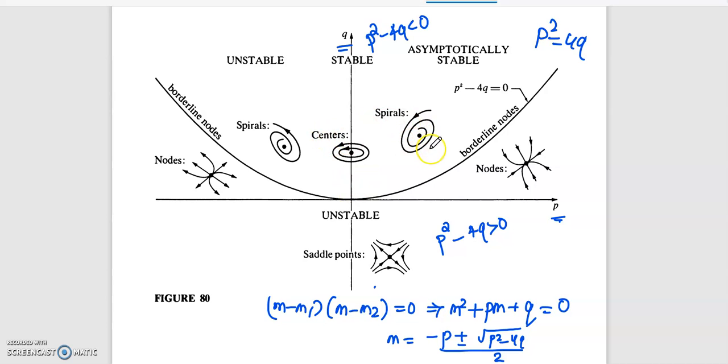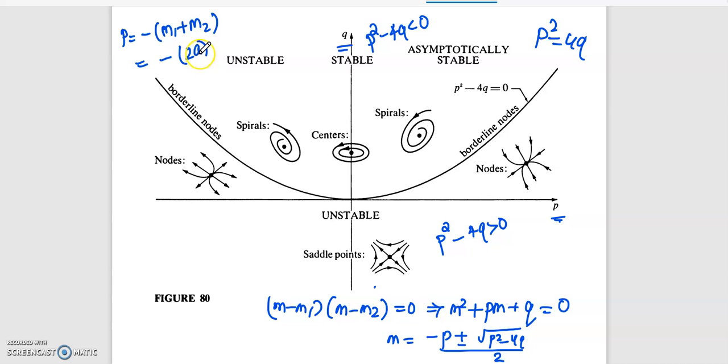Now when we take the spiral, there are 2 cases for the spiral: asymptotically stable and unstable. Now p is minus of m1 + m2. If my roots are a ± ib, m1 + m2 is -2a.